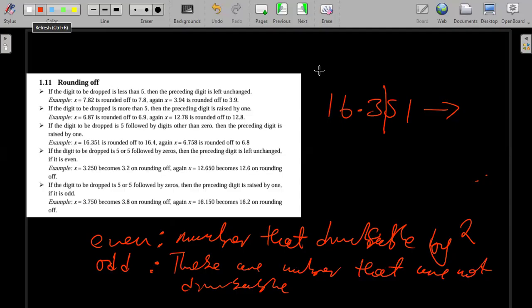Those are odd numbers. Now, if you have an odd number here, you add the 5's 1 to the odd number. So take note, if it's an odd number, you add the 1. So in this case, you're going to have 16.4. That is if it's an odd number. If it's an even number, let's say we have a number like which one?